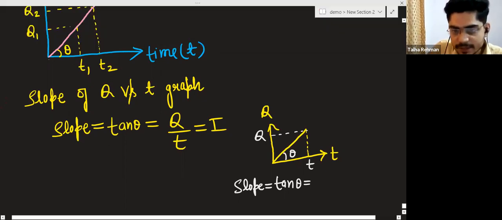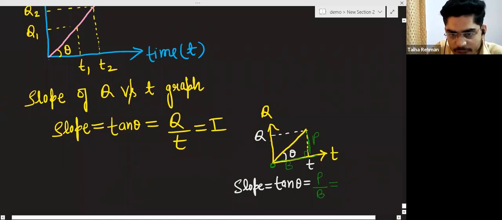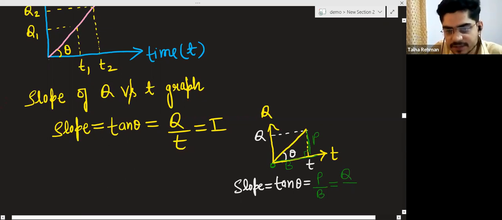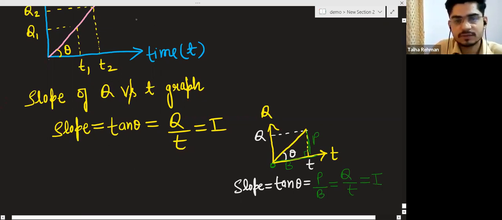In this triangle, this angle is 90 degrees, so P is perpendicular, and this is base, and here is the origin. The perpendicular is this distance Q, and the base is the distance T. So that is why I have written this, and this is equal to I. I is equal to Q by T. We have already discussed.